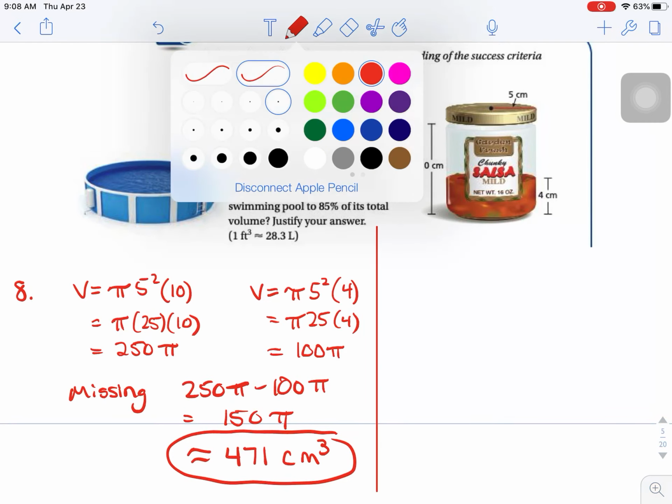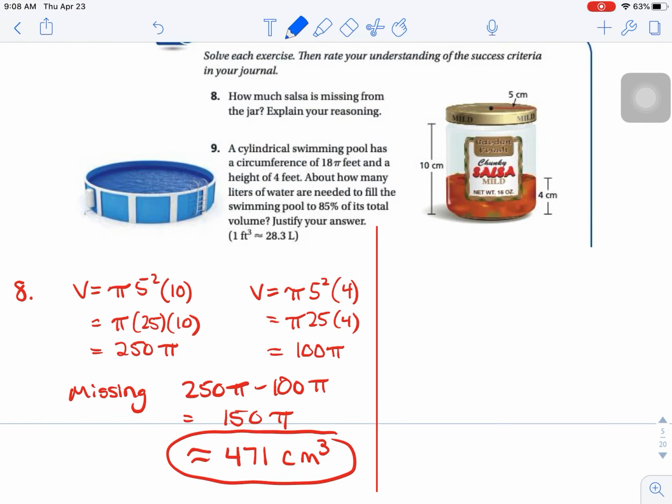All right, and then if we looked at question 9, we have a swimming pool with a circumference of 18 pi and a height of 4 feet. About how many liters are needed to fill the swimming pool until it's 85% its total volume, and then they gave us that piece of information.